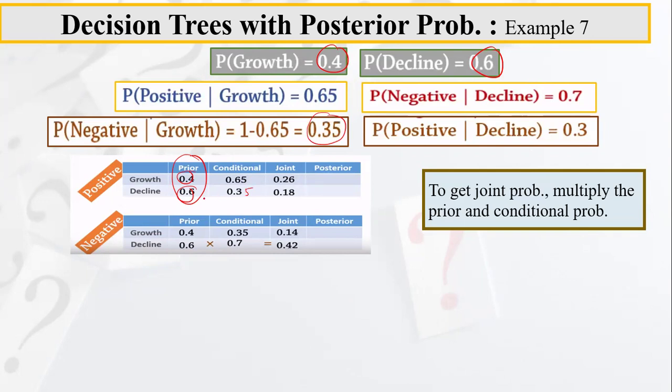So joint probability, you multiply both of them, 0.26. Can you take a calculator and multiply, please? 0.65 multiplied by 0.4. Can you tell me, is it 0.26? Yes, sir, it is 0.226.